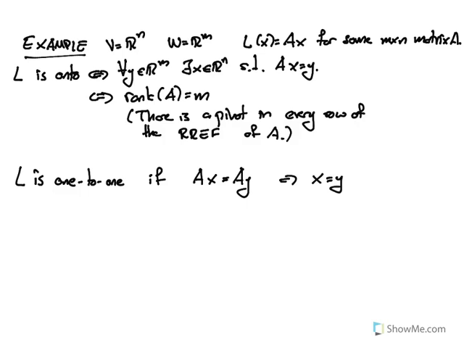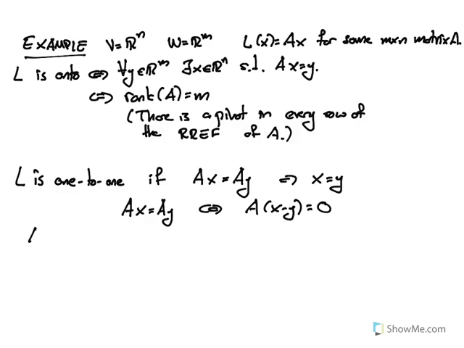So now observe that Ax equal to Ay is the same as solving the system A(x minus y) is equal to 0. And that has the trivial solution if and only if you have one pivot in every column of the RREF of A, which is to say that the rank of A equals the number of columns, which is n.